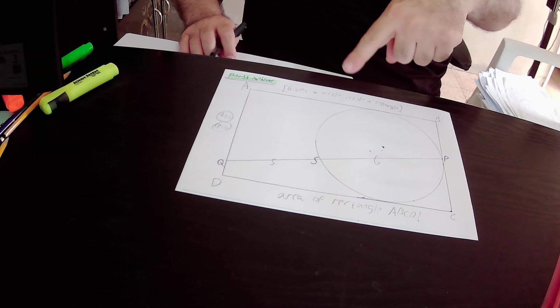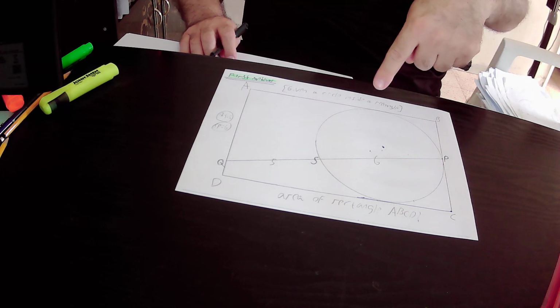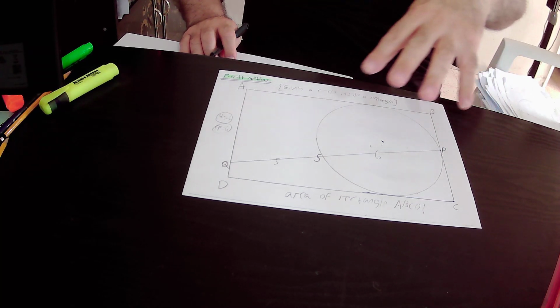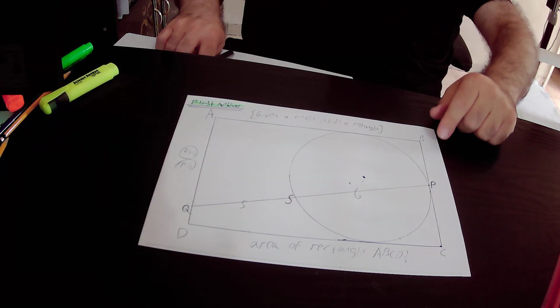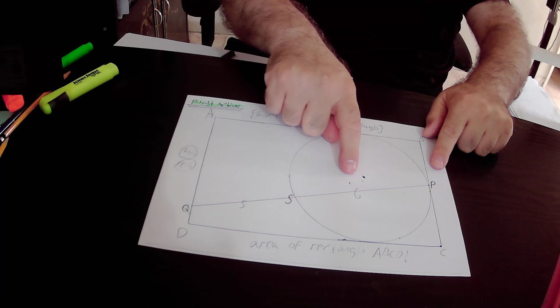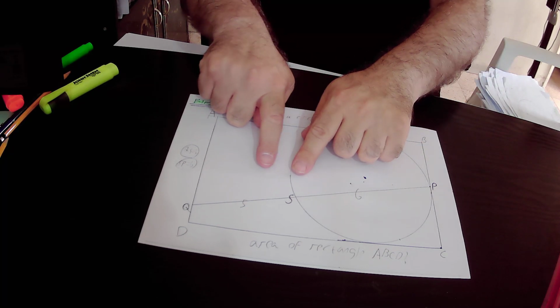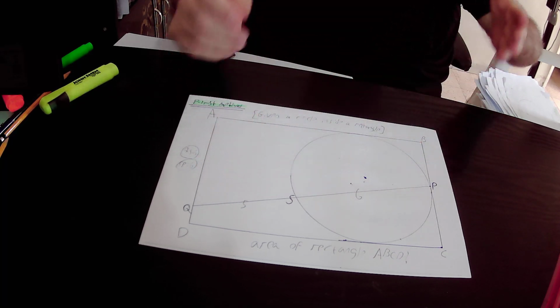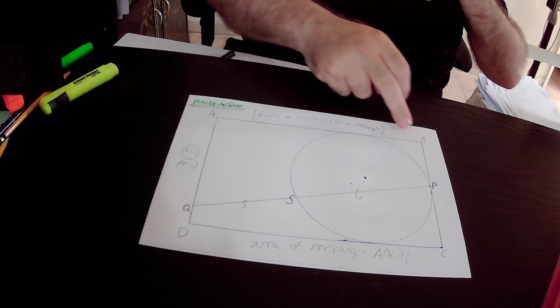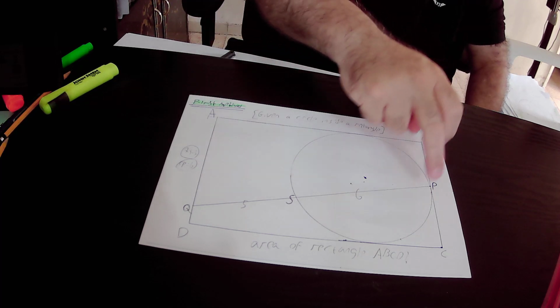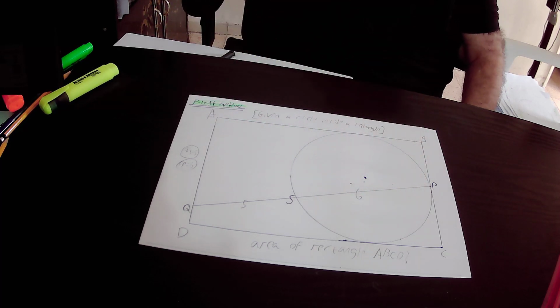Inside rectangle ABCD we have a circle that is described by rectangle ABCD. Chord PS equals 6 units, line segment SQ equals 5 units, and our mission is to find out the area of this rectangle ABCD.